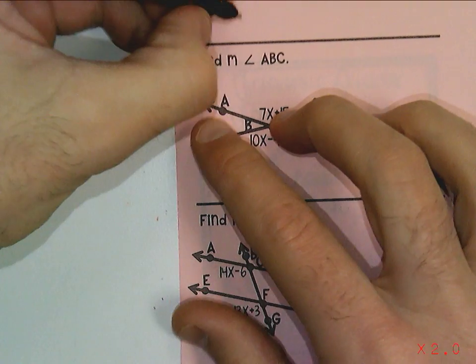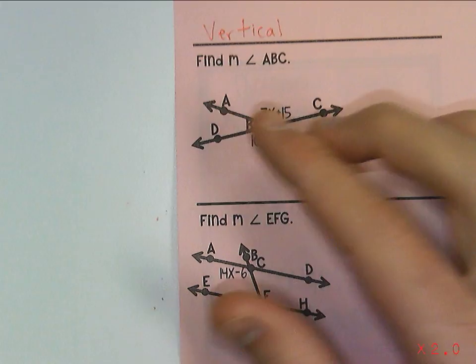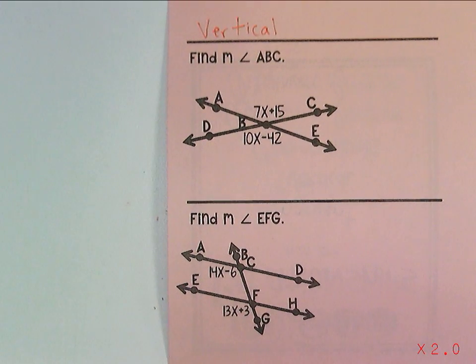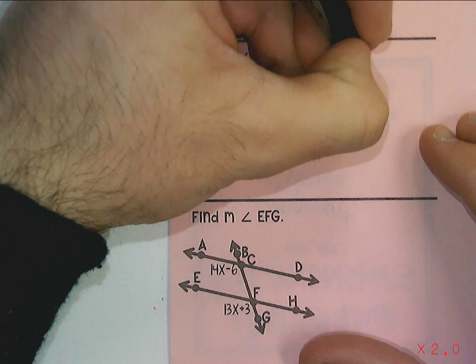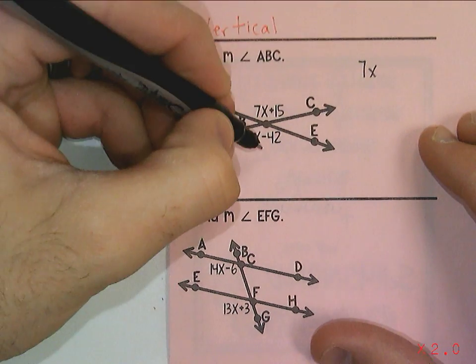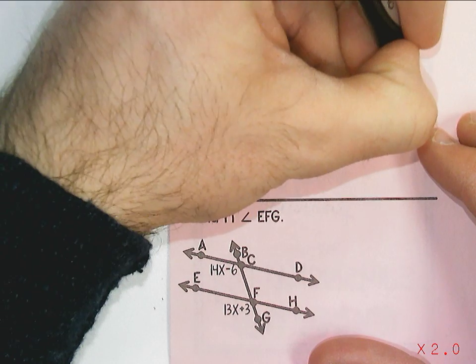So say vertical angles. And since they're congruent, we'll set them equal to one another and ultimately plug that value of x in that we find and see what the measure of these angles are. And they should be the same because they're congruent.